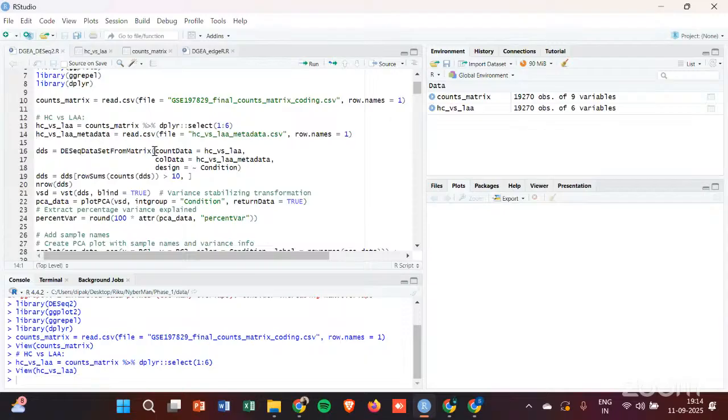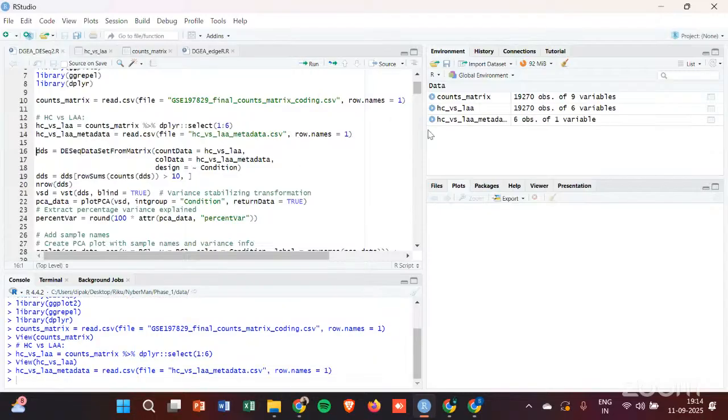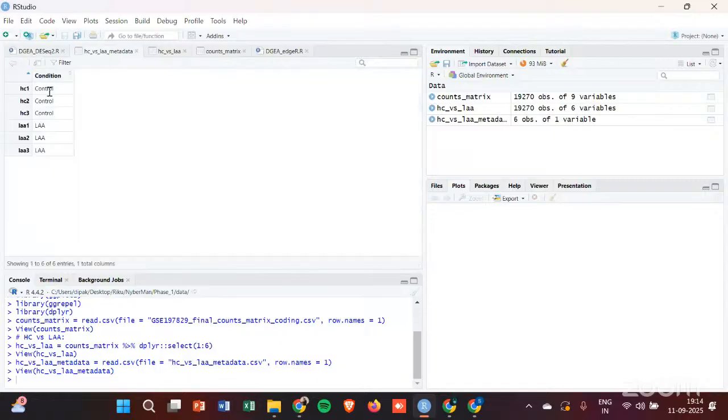Now I also want to read in the metadata file. The metadata file that I've shared with you has to be in this specific way only. If I read that in, you can see here that this is how it is made right now. In the metadata file, if you would have opened it using Excel, you would have seen there is a sample column, and then these are the sample names.